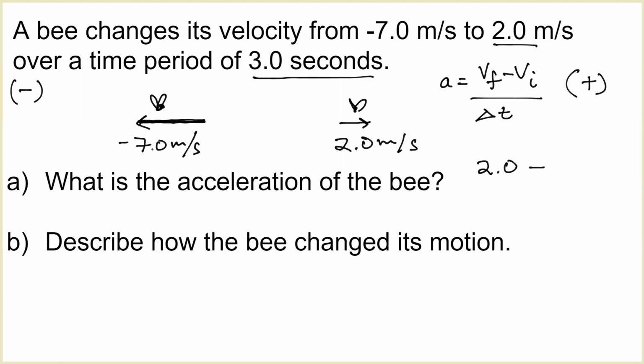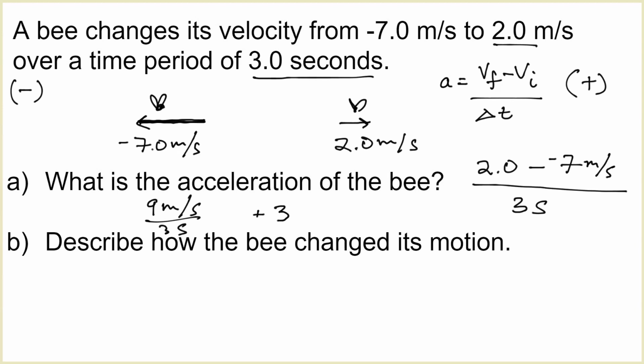Our initial velocity is -7 meters per second. And the time period is 3 seconds. So 2 minus a -7 is the same as 2 plus 7, which is 9 meters per second divided by 3 seconds. 9 divided by 3 is 3. So the acceleration is going to be positive 3 meters per second squared. Okay, so that's our value for acceleration.